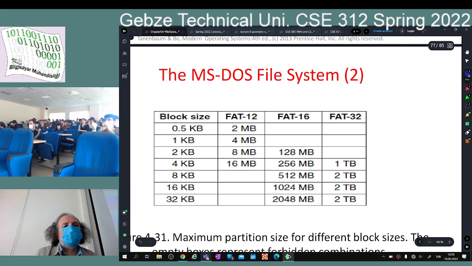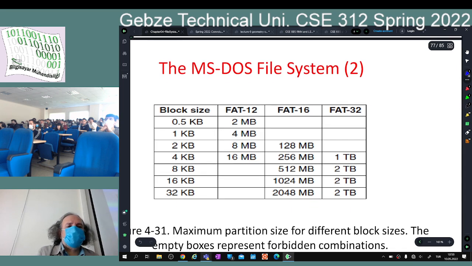So half kilobyte block size with FAT12 can give you at most 2 megabytes of disk space. And if you are using FAT16 and 32 kilobyte block sizes, then you can get 2 gigabytes of disk space, and so on. You know that.